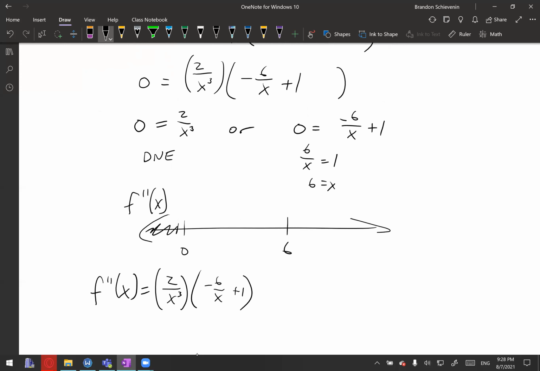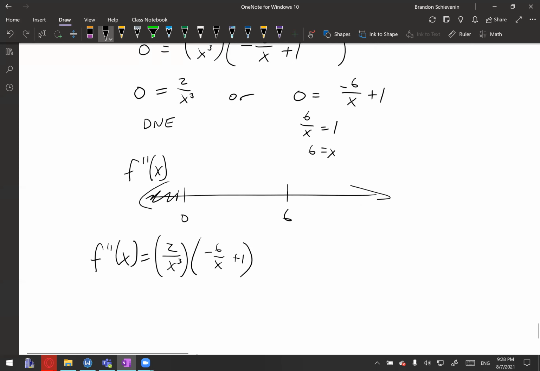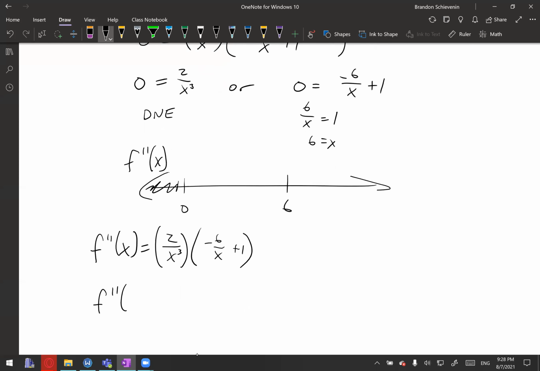I want you to pick any point you want between 0 and 6, and we'll plug that in and see whether our concavity is negative or positive. 1. Okay, 1's the easiest. So if I plug in 1, I get 2 over 1 times negative 6 plus 1. Is my answer positive or negative? Negative.